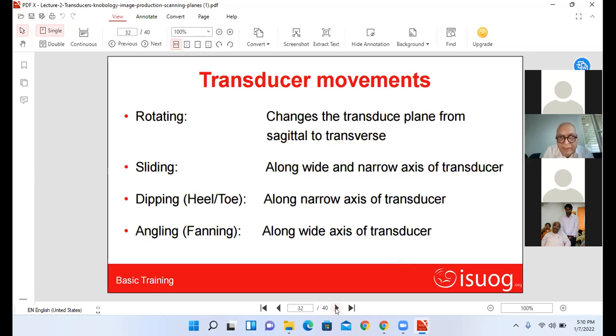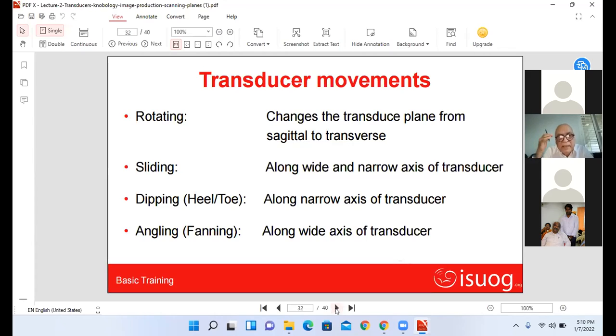Or when we are changing the direction, like from the BPD plane, when we rotate to look at the fetal profile, the nose, lips, then we turn the transducer. Now dipping and heel-toe, it is along the narrow axis of the transducer. We just use the heel or the toe to look at certain organs of interest.